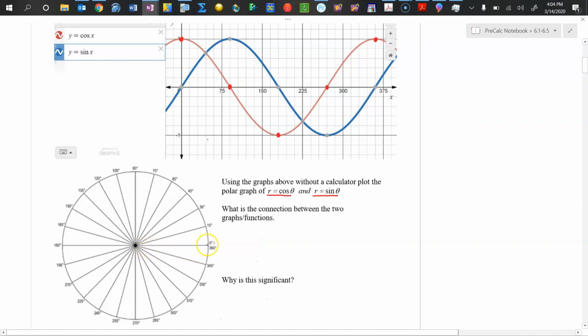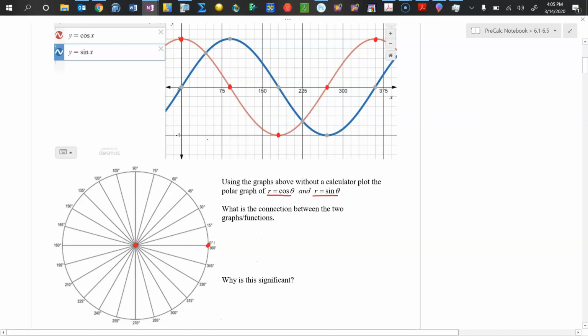And at 0 degrees, we see that the cosine is at its maximum value of 1. So I'm going to treat this point out here as the maximum distance from the pole of 1. When I move to 90 degrees, it's back to 0. So that's going to put us right here at the pole.